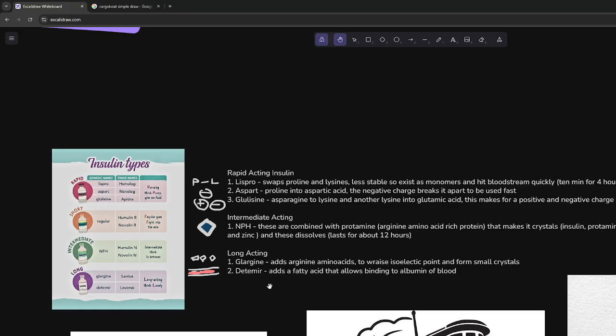But with longer acting, you think of them usually making crystals or having reversible binding to albumin. There's another I can think of that also does this. I think it's a difatty acid. But they bind either to albumin of the blood or they form crystals. That's usually how longer or intermediate acting insulins work.